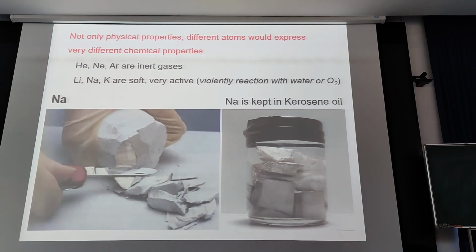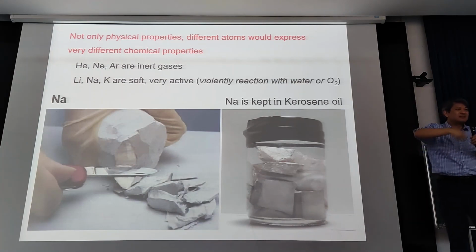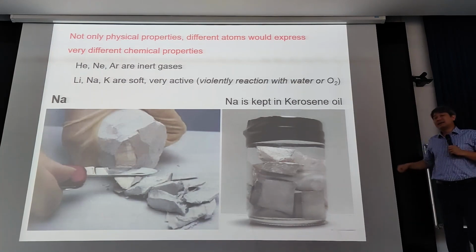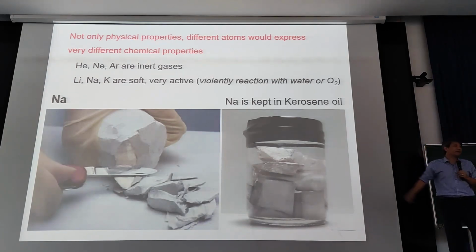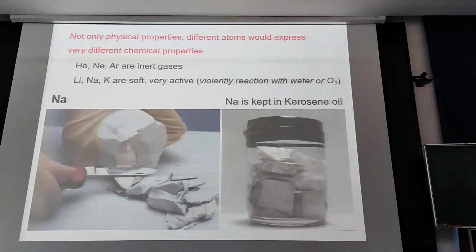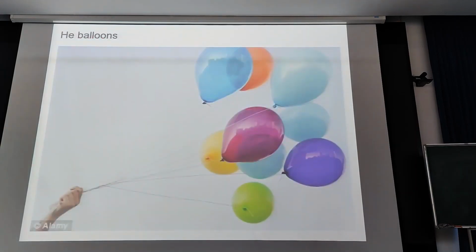Is it clear? So you see that, for example, in terms of the property, if you take sodium, it can be cut easily, very soft. And it reacts violently with oxygen, so that's why we need to keep in the kerosene oil to prevent the contact with oxygen. And if the expert will come in very soon, right?